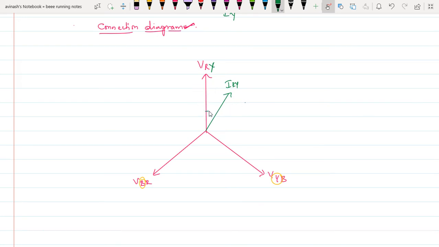The angle between them will always be phi. The cosine of the angle between the voltage and current is the power factor.